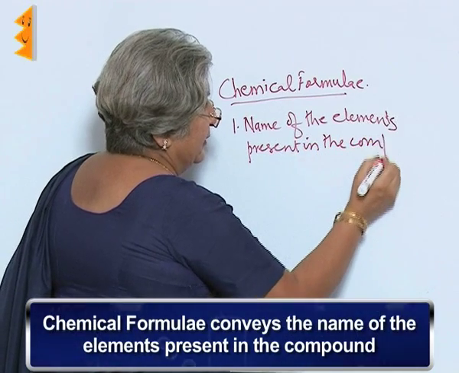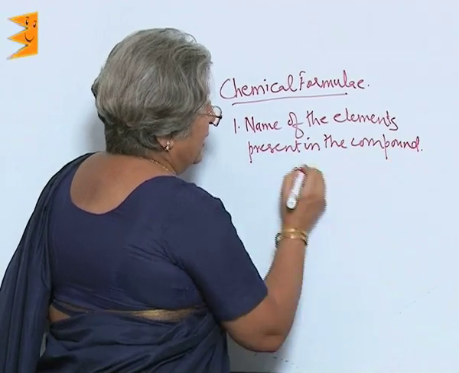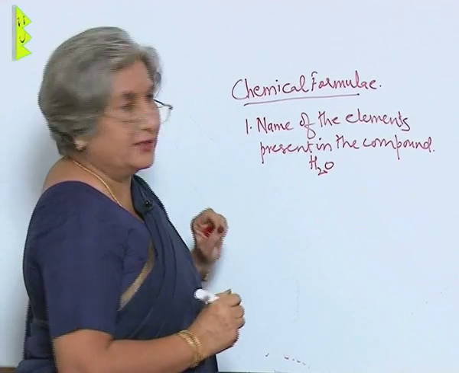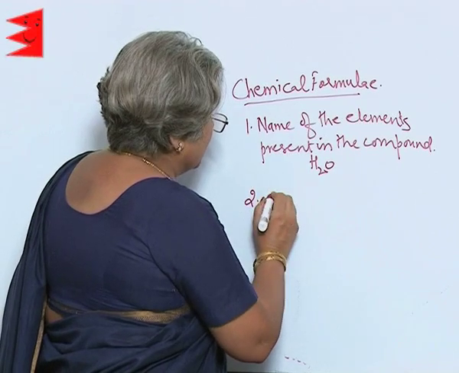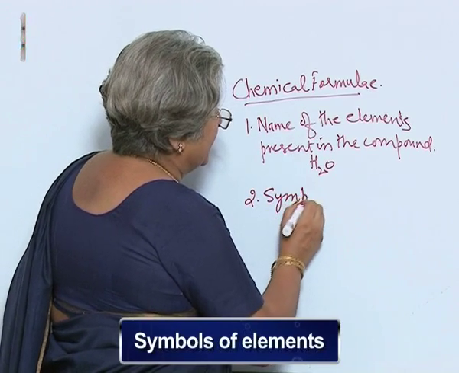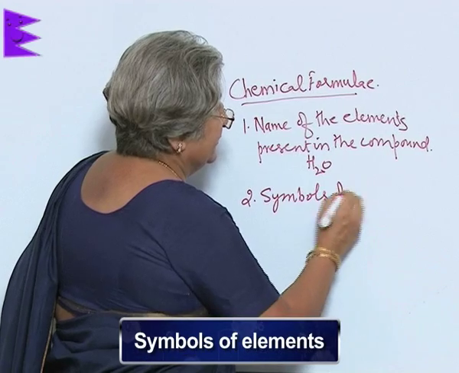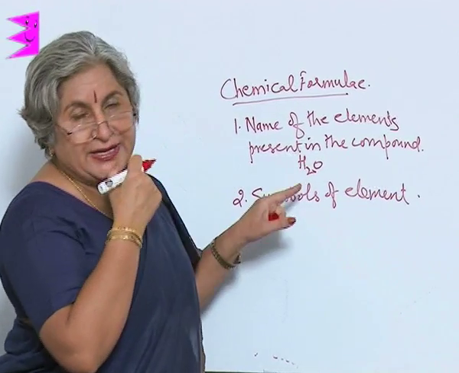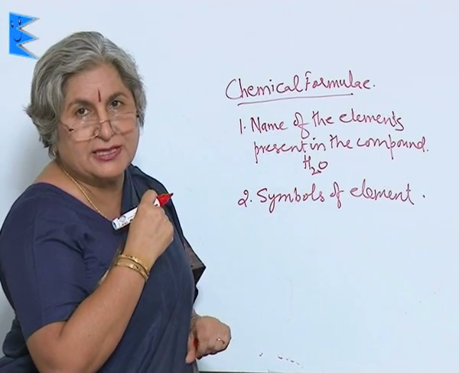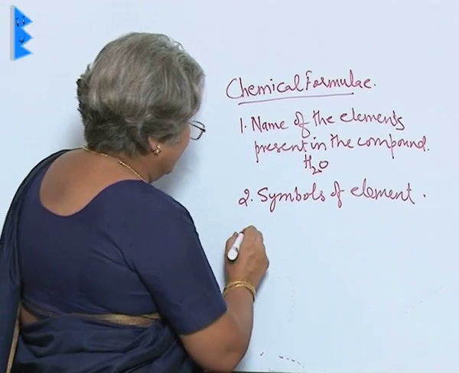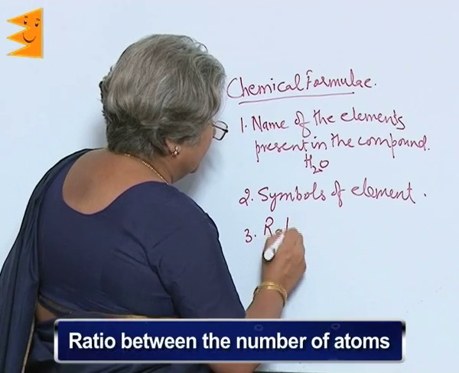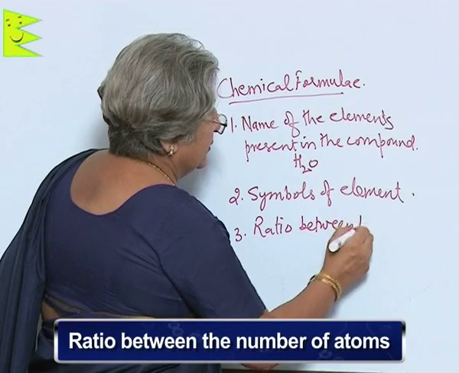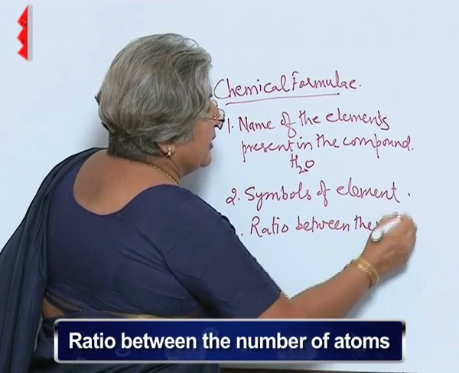For example, if it is H2O, we know that it has hydrogen and oxygen. It also tells us the symbols of elements. So, by this formula we have come to know that the symbol of hydrogen is H and that of oxygen is O. Then the ratio between the number of atoms.